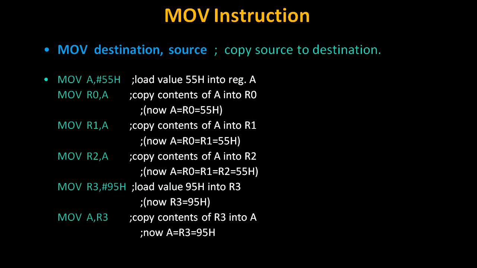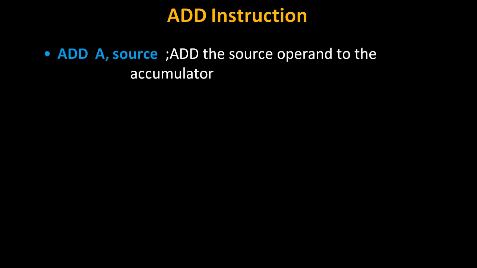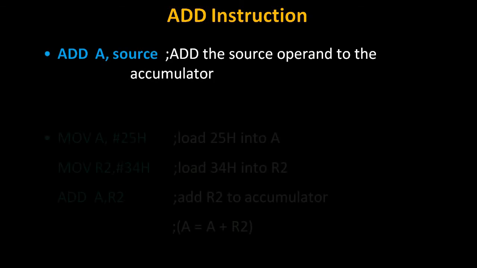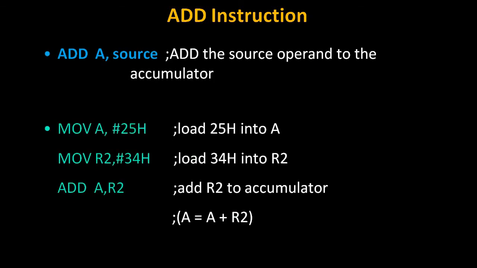The MOV instruction: MOV destination, source copies the source to the destination. This is for moving. It is an assembly level language. Then the ADD instruction adds the source operand to the accumulator.